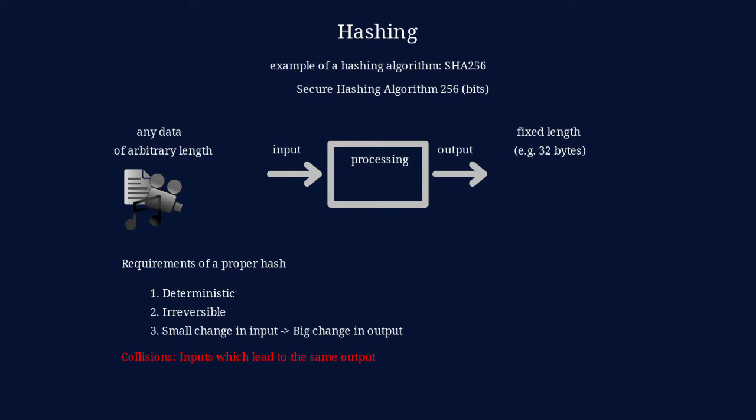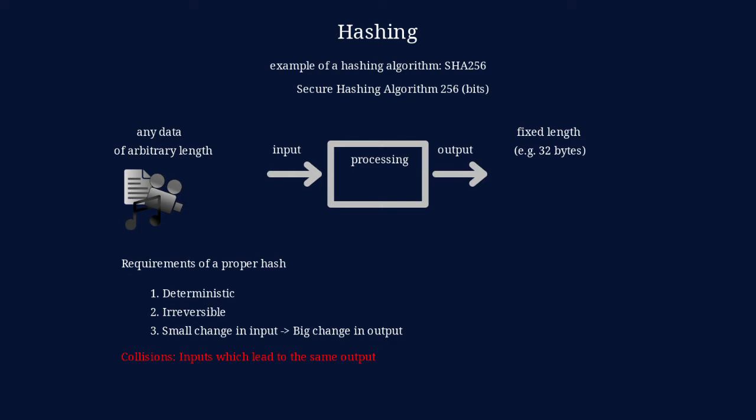So again, let's say that you have a particular hash and you're trying to crack it. It is very difficult to find any input that will lead to that exact hash. You wouldn't necessarily have to find the original input.